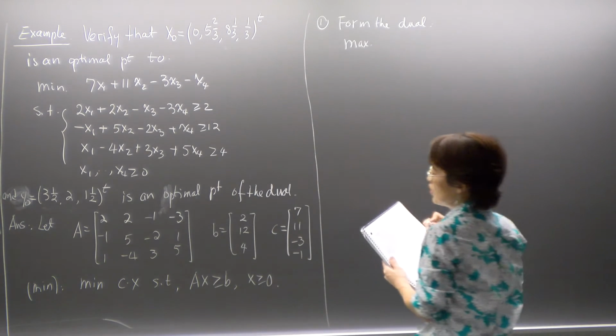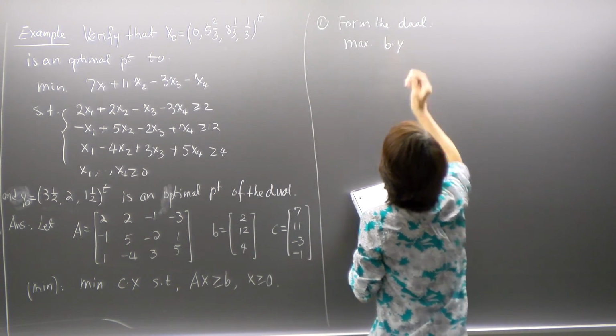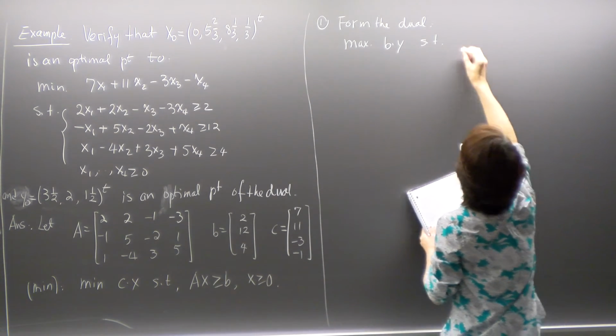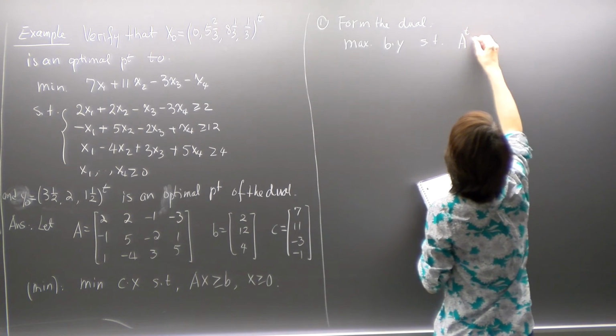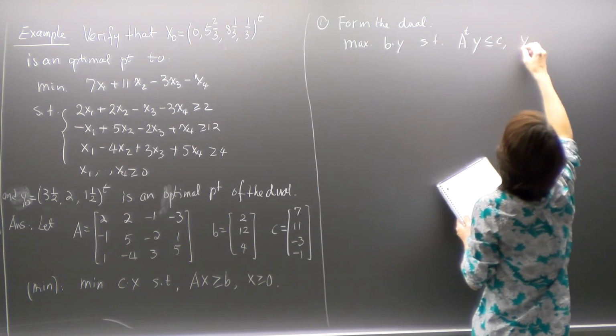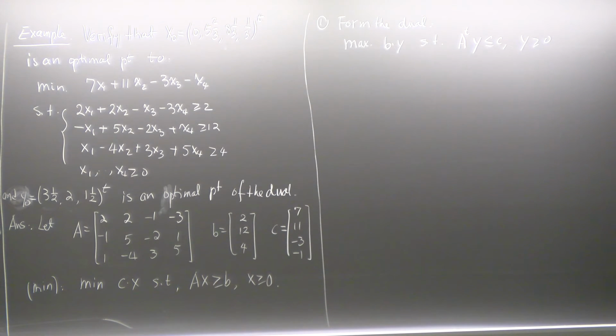Then I can write the dual: maximizing b dot y subject to A transpose y less than or equal to c, y bigger than or equal to 0. So I can form the dual just by definition.